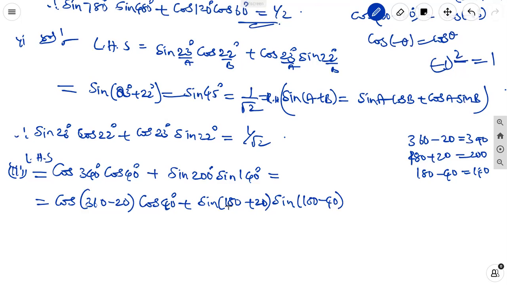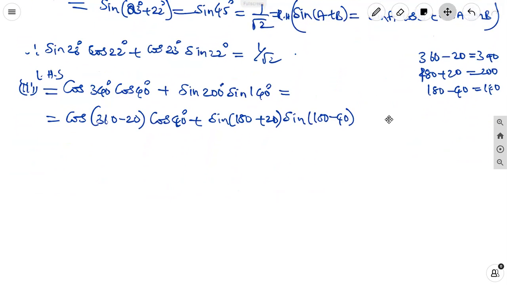Again, you can check it. 180 plus 20 is 200. 180 minus 40 is 140. 360 minus 20 is 340. Now, you check whether these are positive or negative in that quadrant. 360 minus 20 means it comes in the fourth quadrant. In the fourth quadrant, cos is positive.